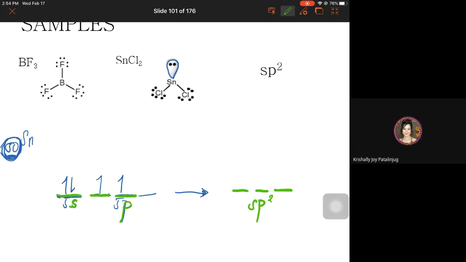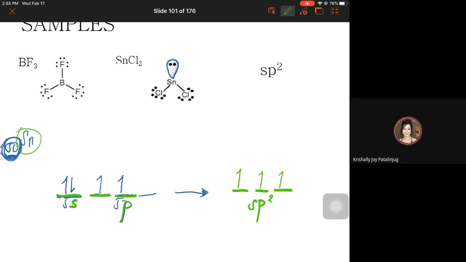Now, when we distribute the total valence electrons of tin, the result is that one hybrid orbital will have a paired electron.